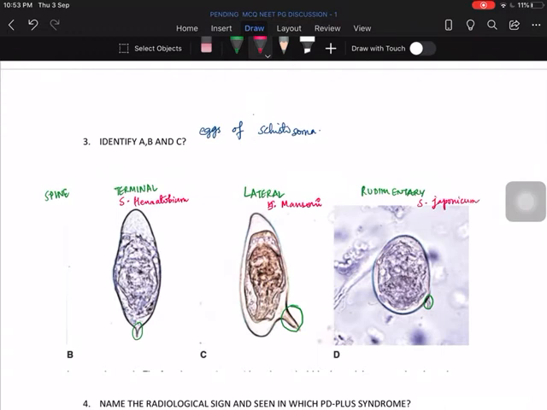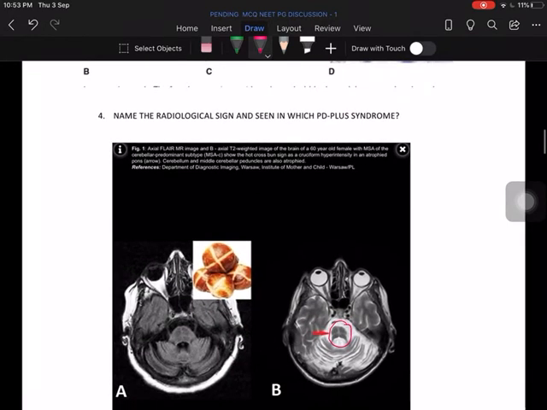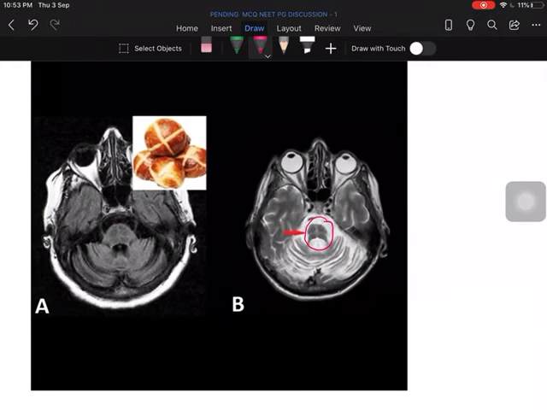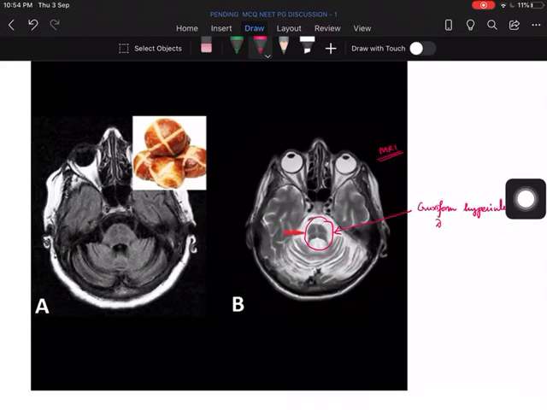Next. Name the radiological sign and which Parkinson plus syndrome it is seen in. In the MRI you see a cruciform hyperintensity at the pons, and this is known as the hot cross bun appearance.